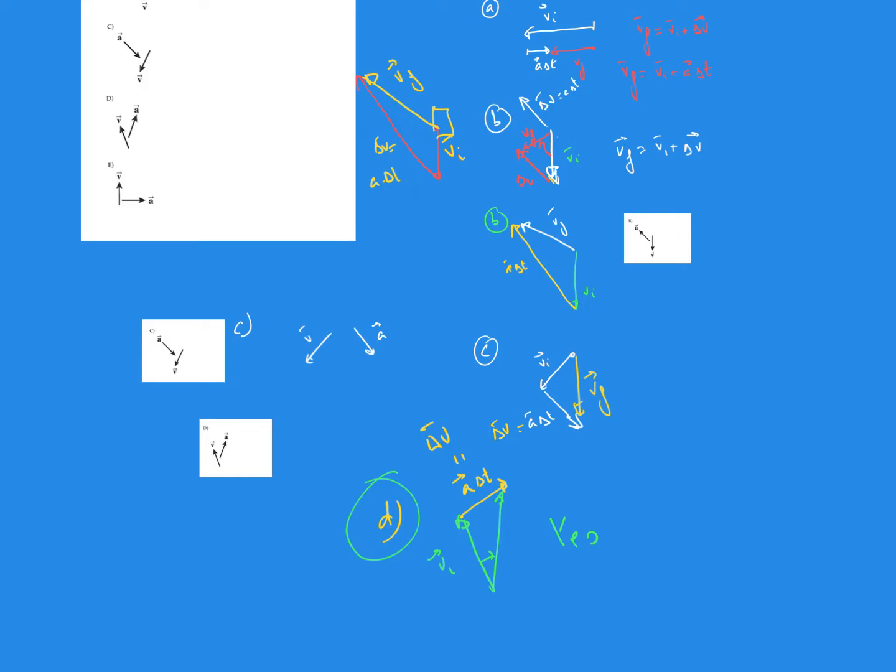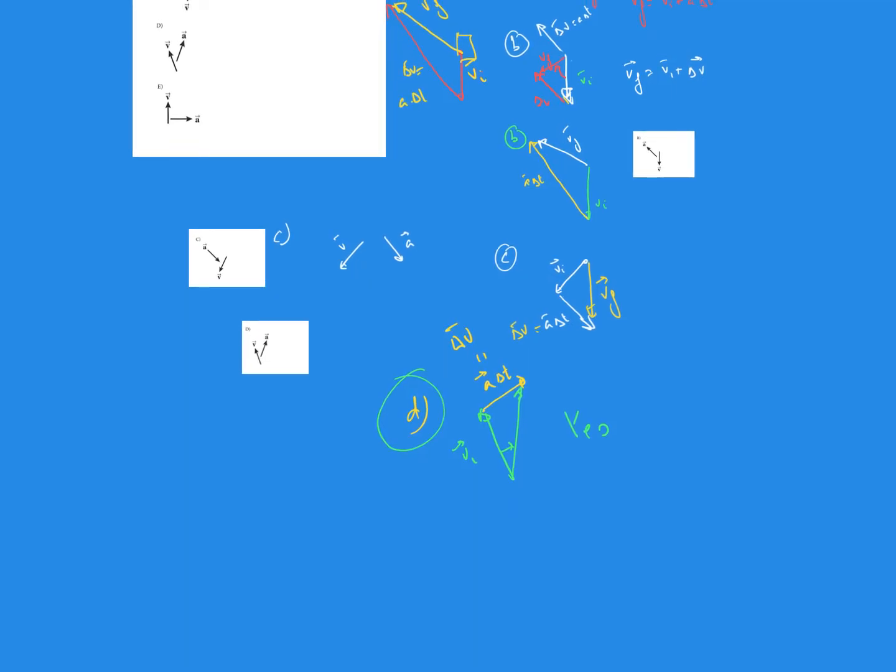Let's go see E. The V initial is like this. The acceleration is like this. But the acceleration, A by delta T, is the change in the velocity, which I have to add to V sub I. So let's say that A by delta T is this vector. So V final will be like this, and now it will work also.